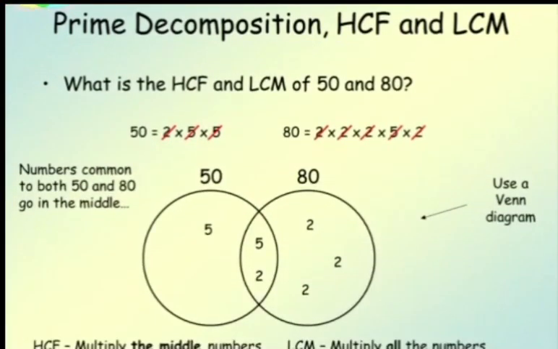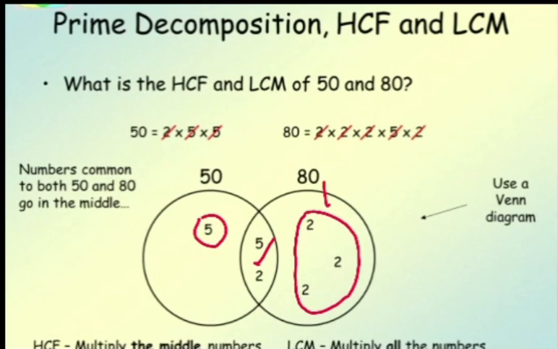We consider another example. We consider two numbers 50 and 80. The factors which are common are noted down here, and this is another factor for 50, and these are some other factors for 80.